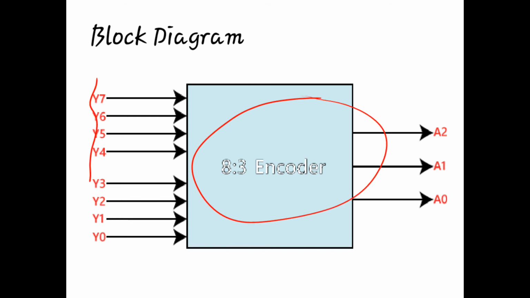We have 8 inputs and the 3 output lines. These 3 output lines A0, A1, A2 will generate a code depending upon the input line active at a particular time.